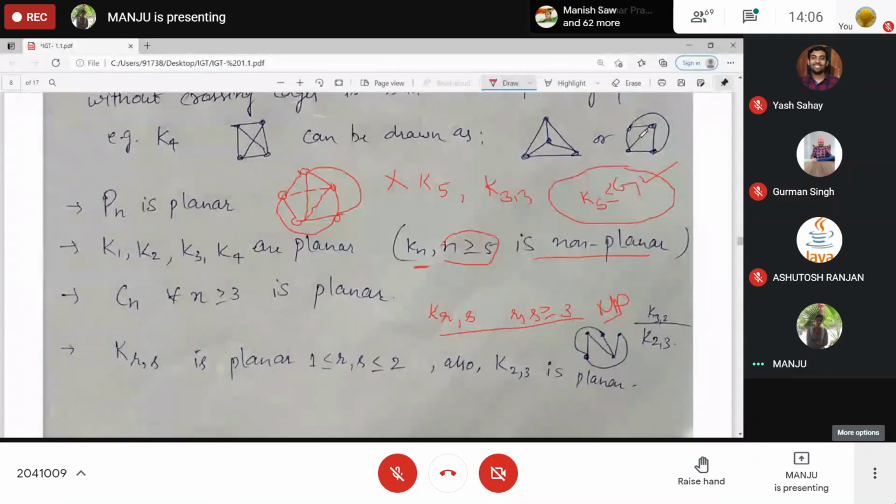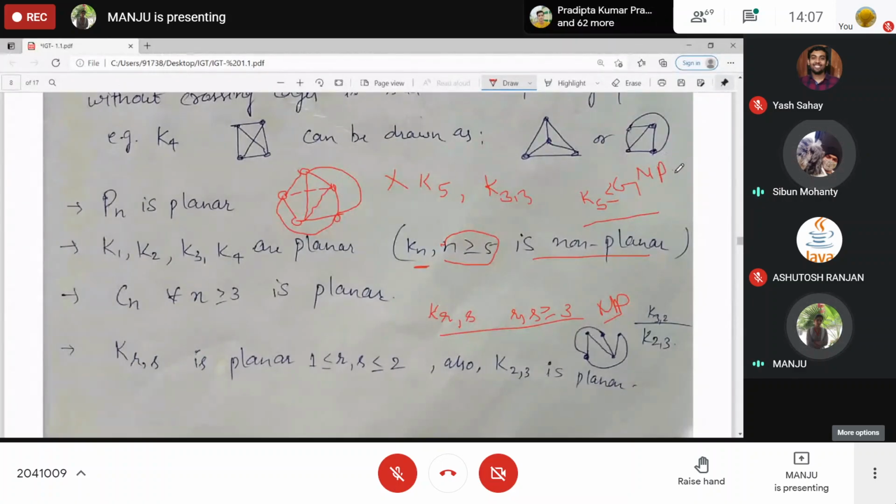Not only that, we have this much information that K5 is the subgraph of G. What can you say about this bigger graph G? Is it planar, non-planar? Yeah, non-planar. Why is it so? Ma'am, n is greater than 5.